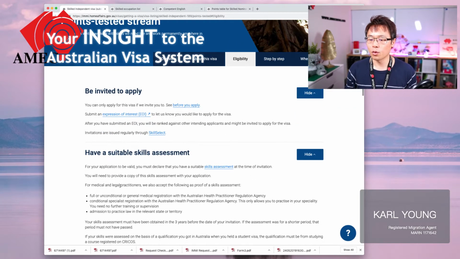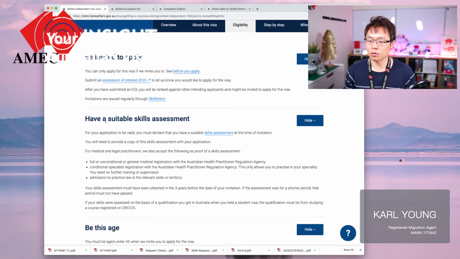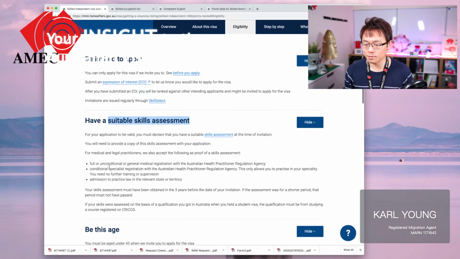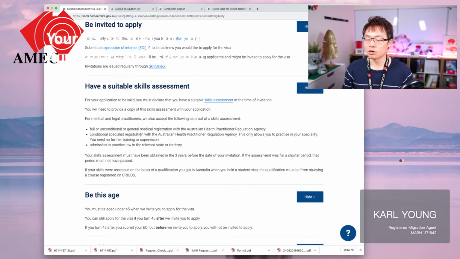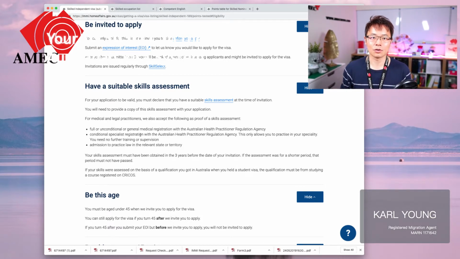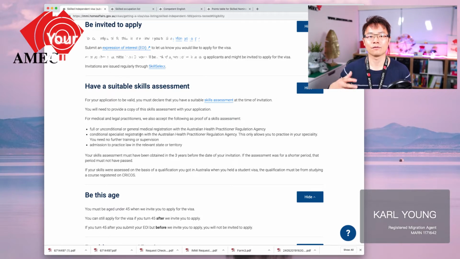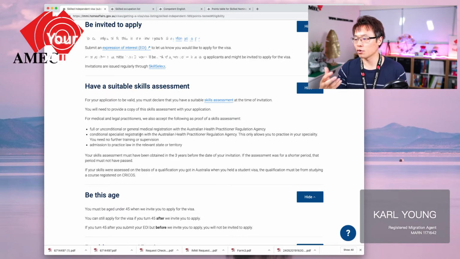Before we begin, you are required to have a suitable skill assessment. What does that mean? You cannot graduate as an accountant and get a skills assessment as a chef. That doesn't work. You have to be skills assessed in the occupation that you nominate.